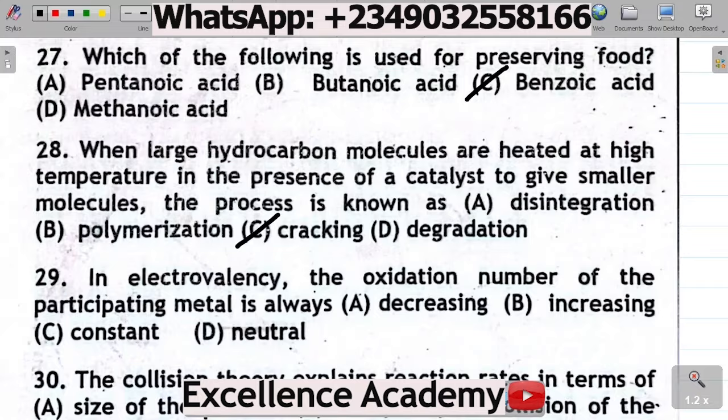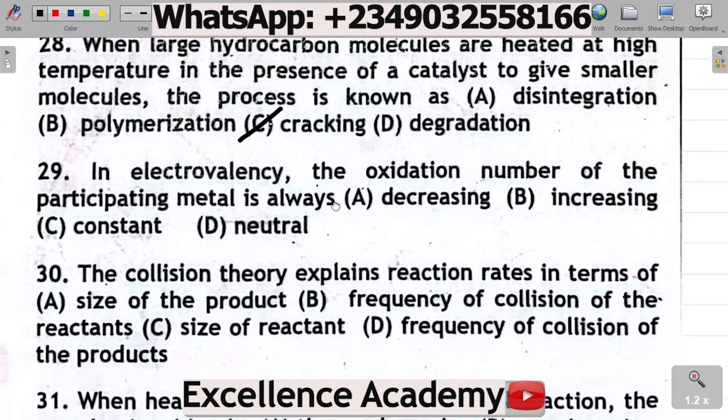Cracking is simply the use of heat and catalyst to break down larger molecules into smaller molecules. The concept of cracking involves the breakdown of a large alkane into smaller, more useful alkane. So it's cracking. Cracking is your correct answer.